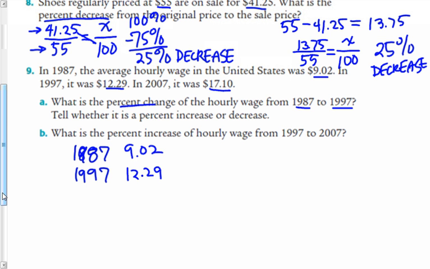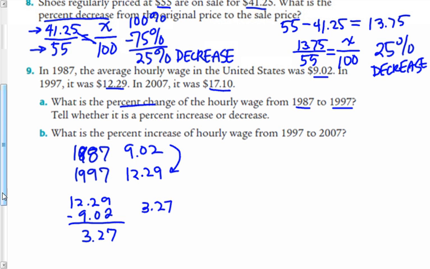I think I'm going to do it the method where you first find the increase. So how much is this going up by? I'm going to do 12.29 minus 9.02, and that comes out to 3.27. So the wages went up $3.27.